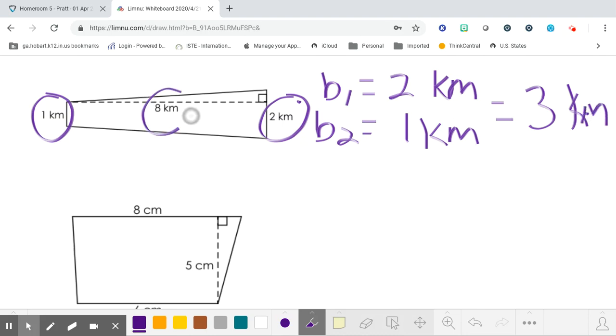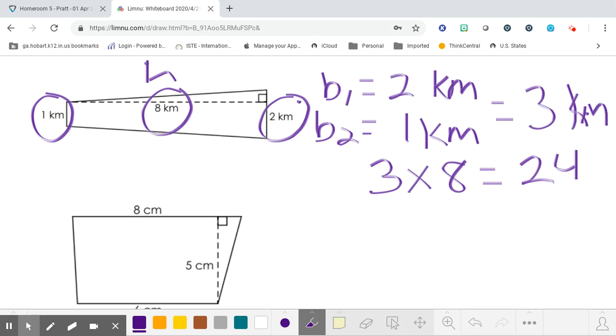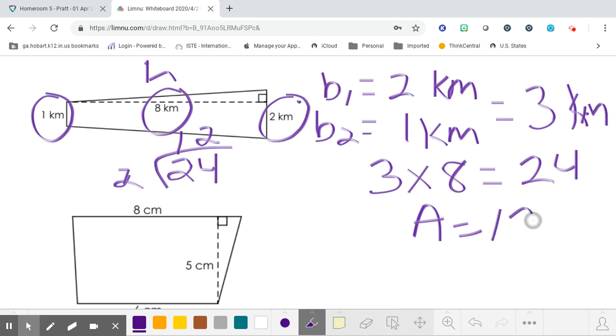Then our height is 8. So you're going to multiply 3 times 8, which is 24. And you take that 24 and divide it by 2. So 24 divided by 2 is 12. So your answer is 12 square kilometers.